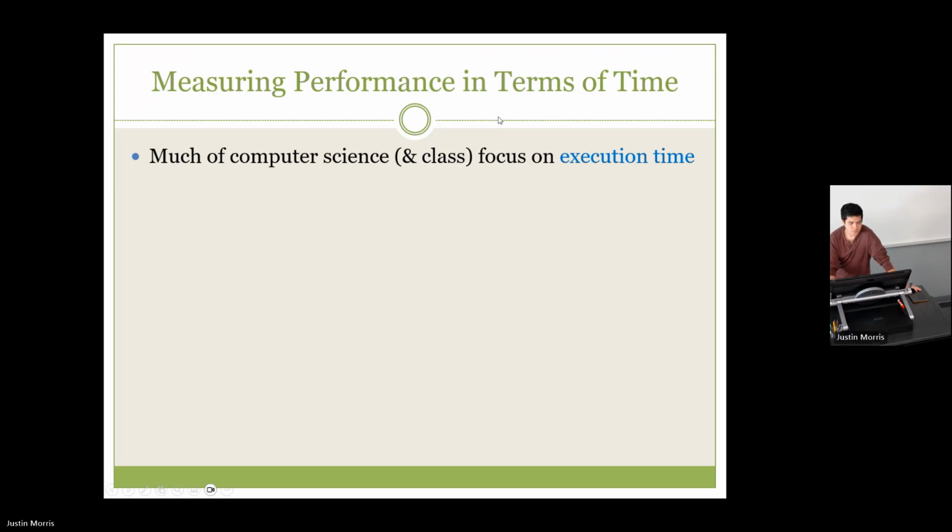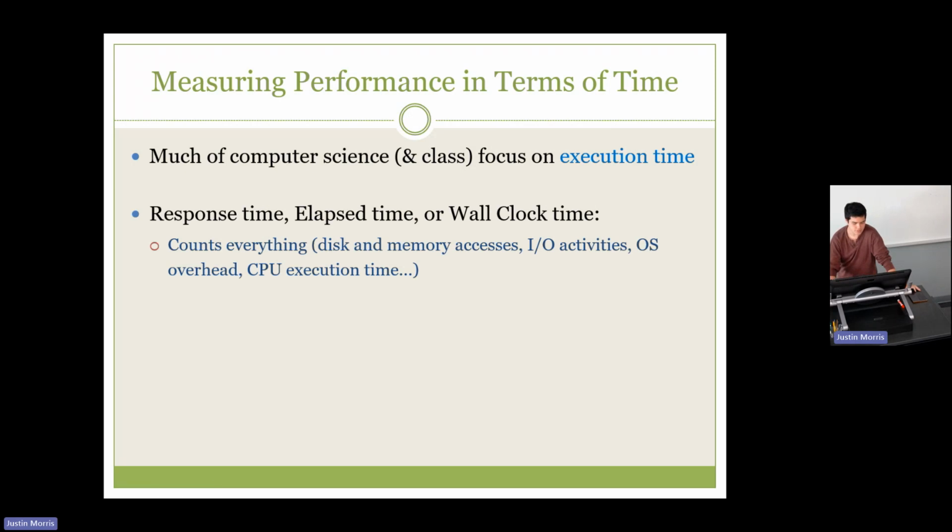So based on those two measures of performance, we're going to use those as our performance measures in terms of time. So we have response time and throughput. We're going to focus on execution time. Execution time is simply the response time: how long it takes to execute the program.